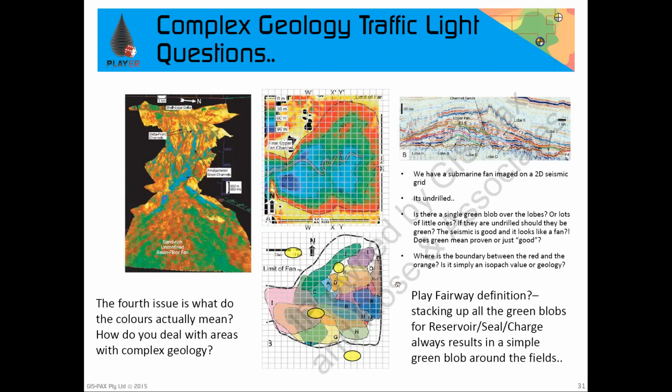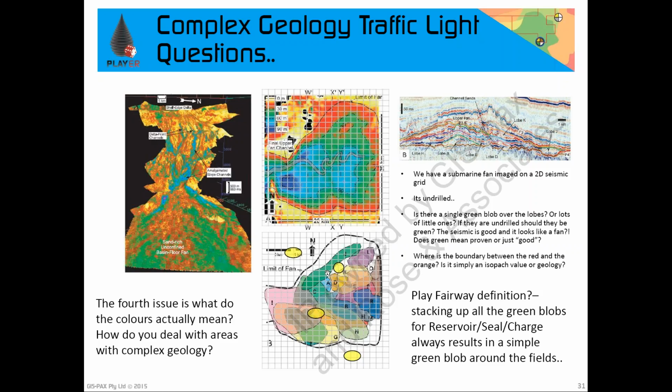And lastly, when we come to areas with complex geology, and in this case I have an example where we have channelized slope channels coming down to a basin floor fan down over here. It's covered by 2D, it's undrilled, and we have these different lobes that have been mapped out from the data, and we've got some prospects on it. So how would I turn this into a traffic light map?